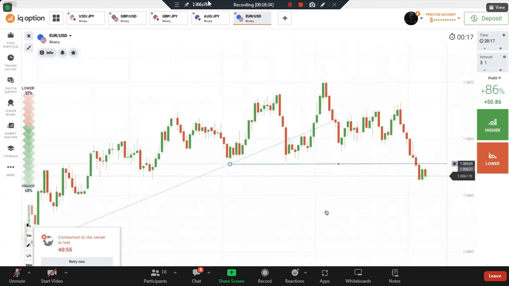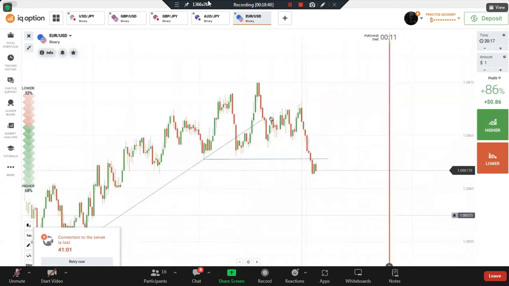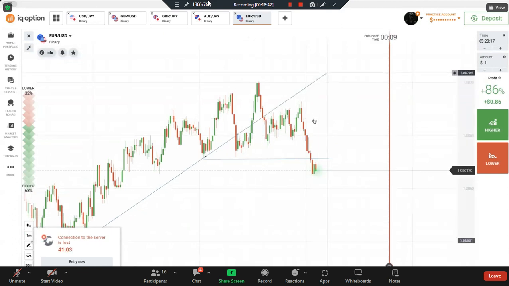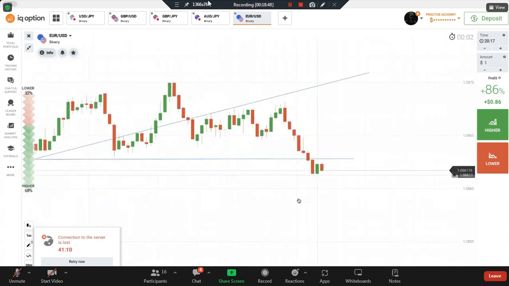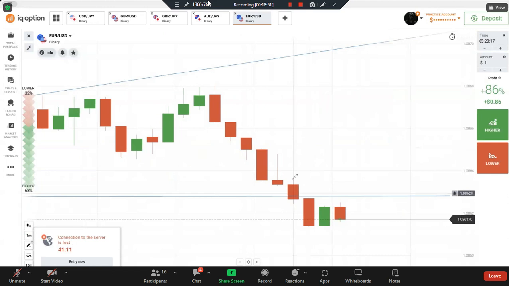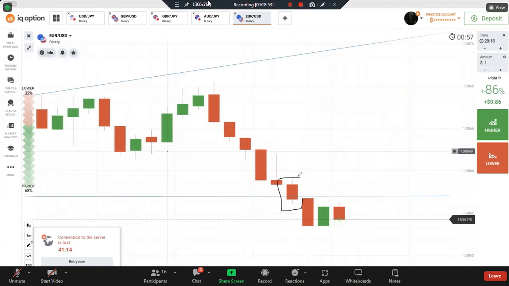Now we know whenever the market breaks the trend line plus it breaks the horizontal line, which happened here on this candle.